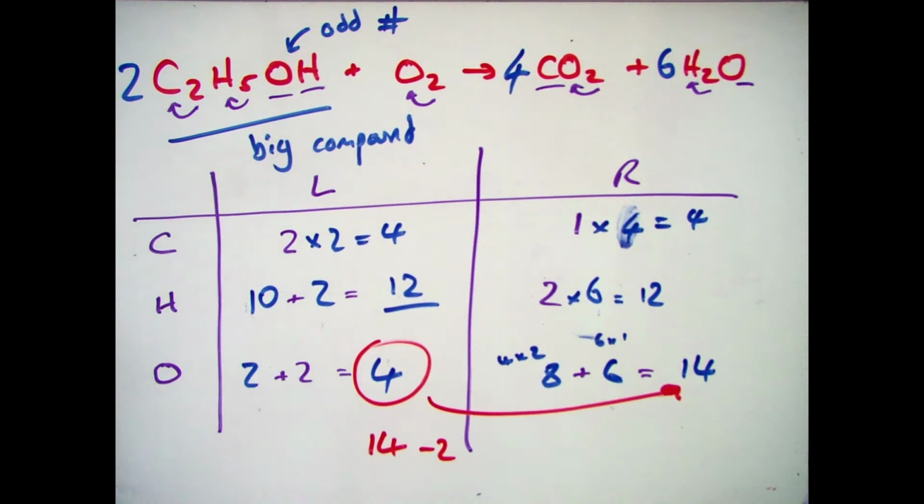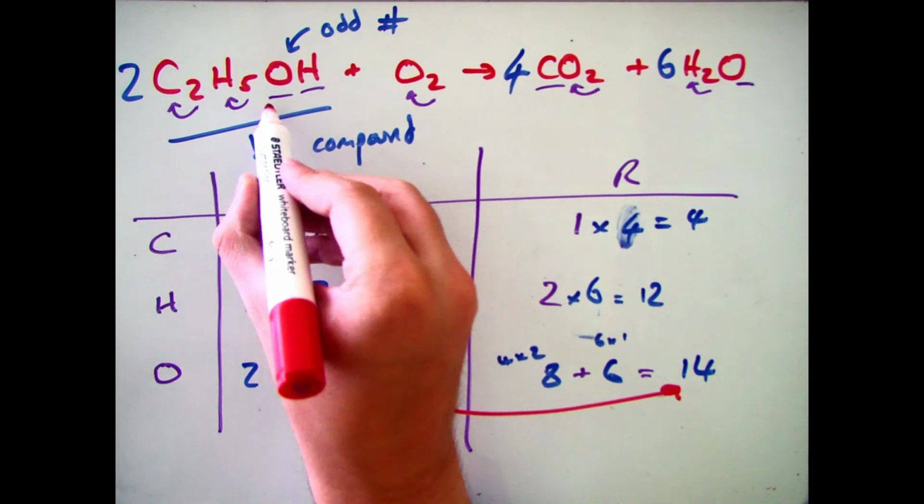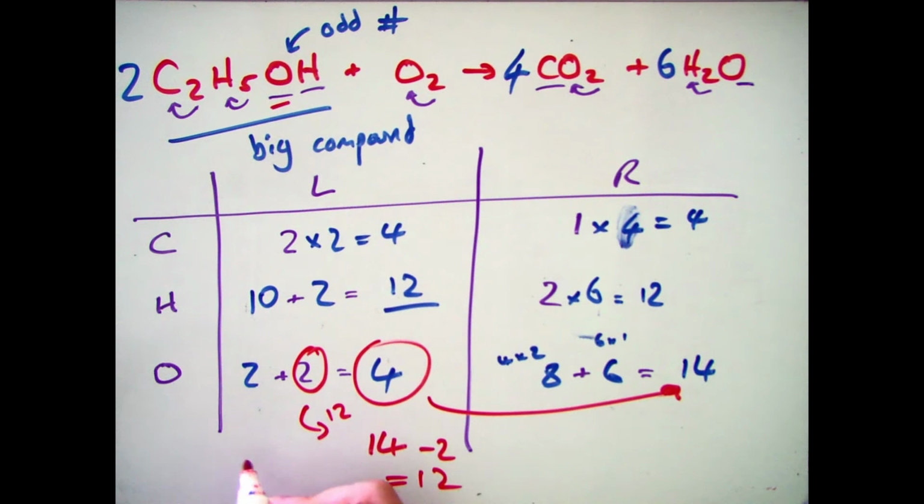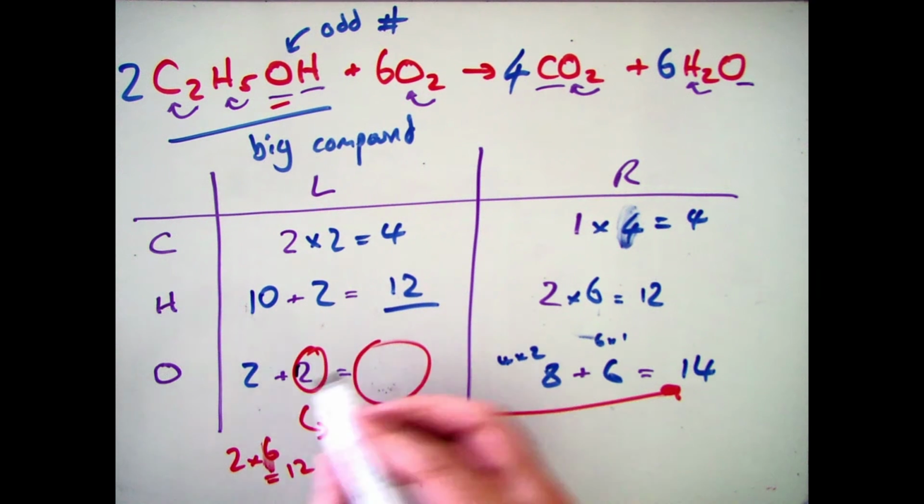So of those 14, 2 of them I don't need to touch because I've already doubled that, so I can take that away. So if I take that 2 away from my 14 that I need to get, that only leaves me with 12. Therefore, what do I need to times by 2 to get 12? The answer is 6. So if I put that up there next to my O2, that makes it balanced and gives me 14 in total.